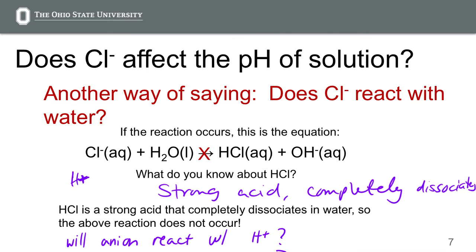So if you end up with a strong acid when you're reacting an anion with H+, the reaction doesn't happen. Those acids don't recombine in solution. That's by definition.